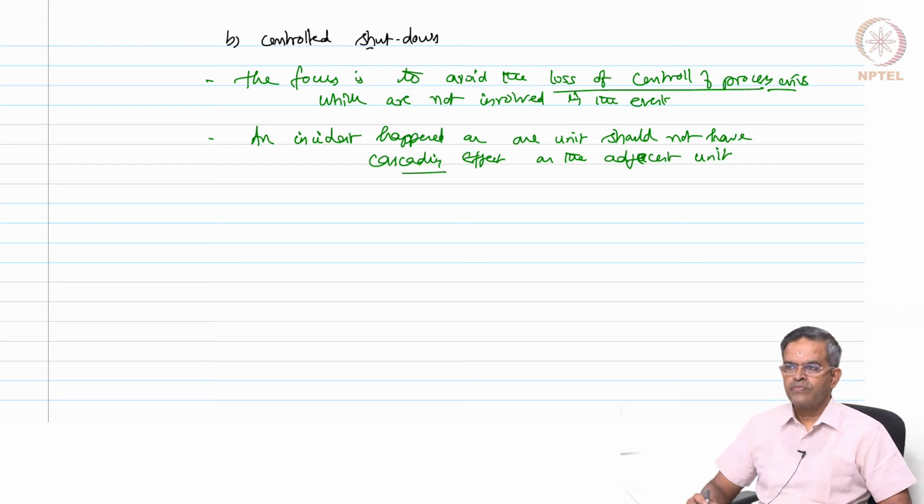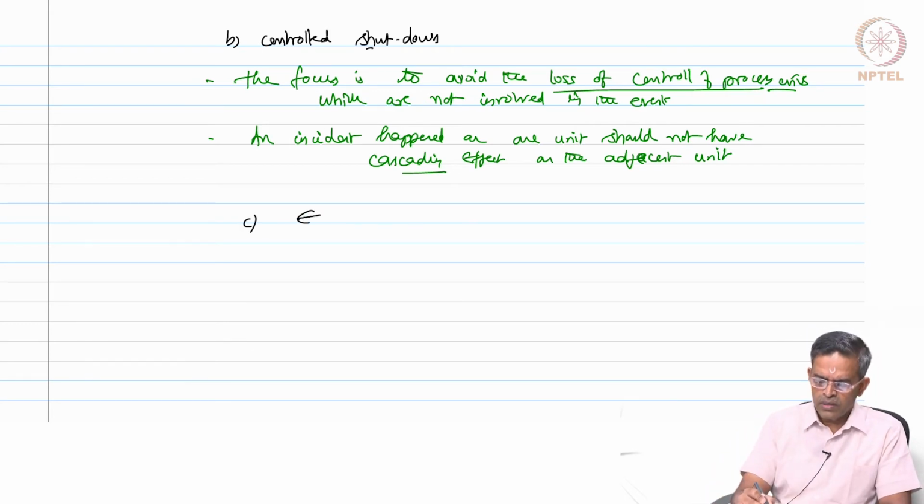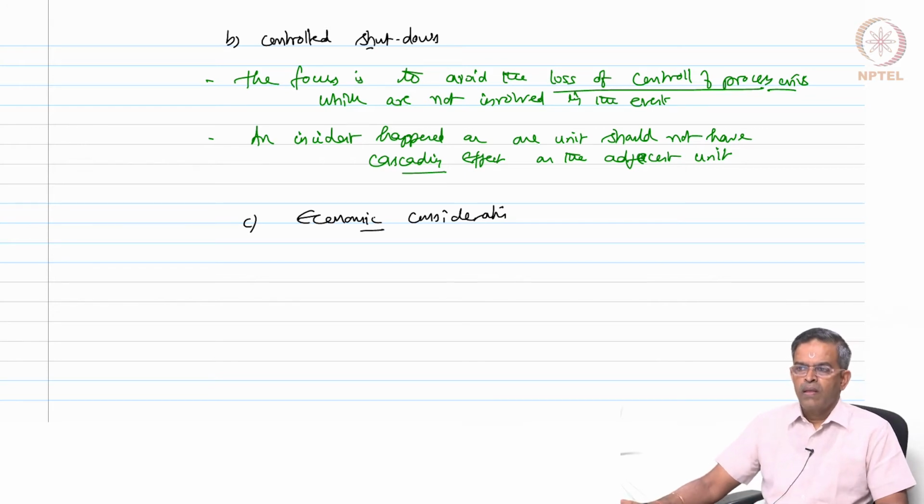Okay. So, we need to have a stepwise shutdown of the process units such that the units which are not involved in the event should be protected. Okay. The third one is economic consideration. Presenting the economic factors helps us to prevent or minimize the financial loss.